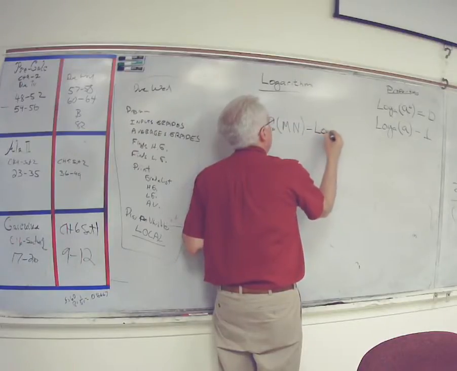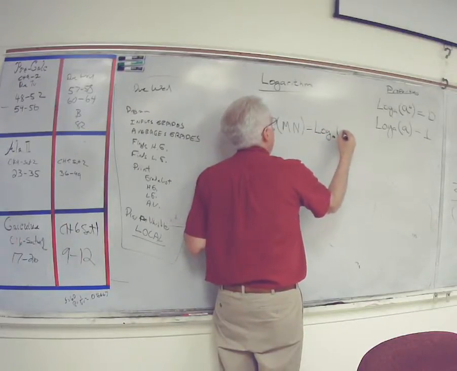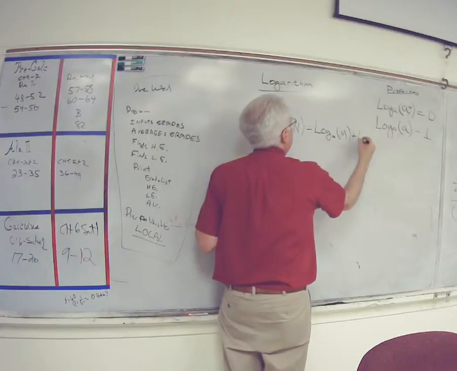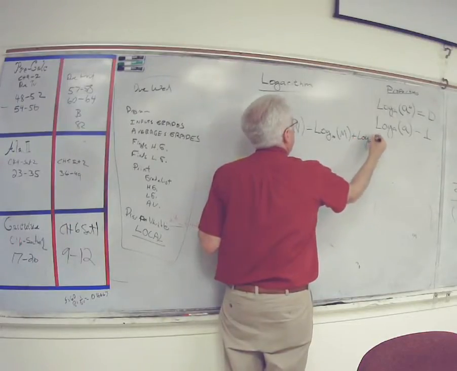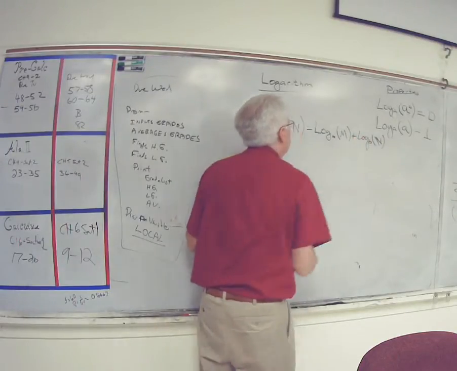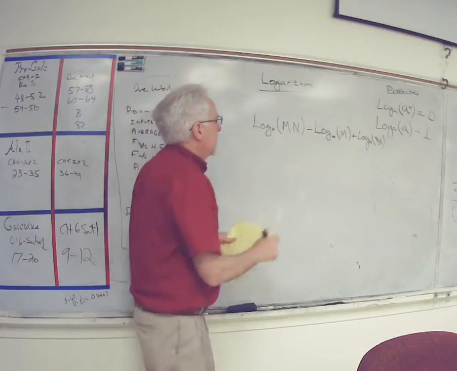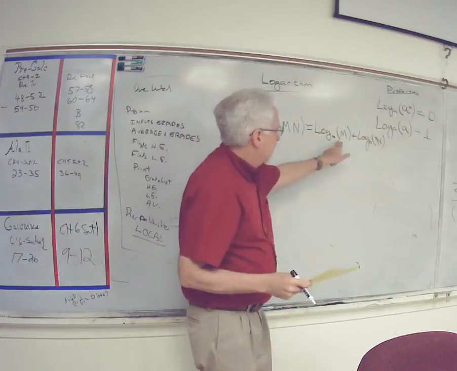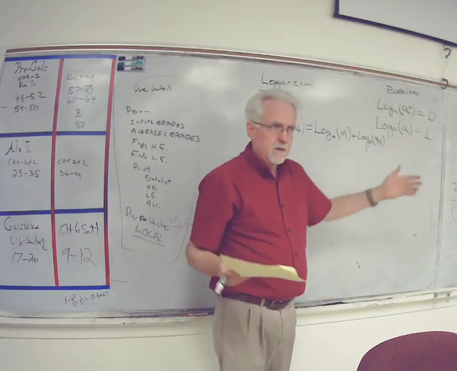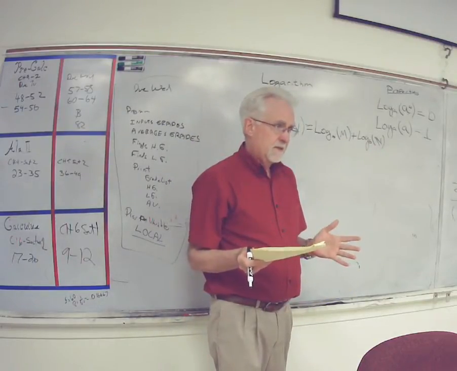It becomes log b of m plus log b of n. So log of something times something times something becomes log of the first term plus log of the second term plus log of the third term. Does that make sense? Okay.